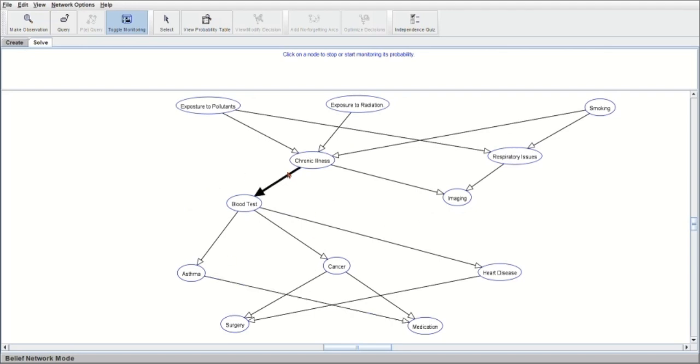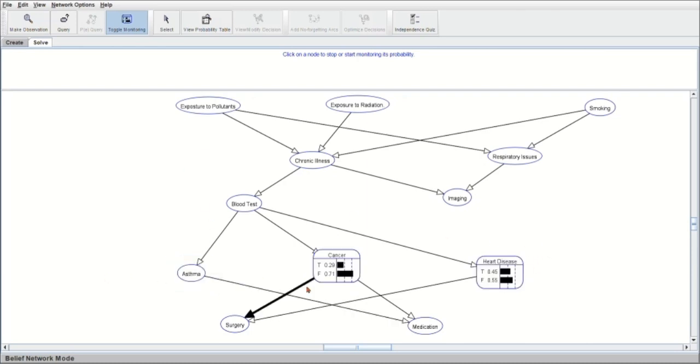Now, in the third and fourth level, we see that the results of the blood test may determine the disease which someone is having, which might be asthma, cancer, or heart disease. Now, what is the probability that it is asthma? It is a 50-50 probability of having asthma. For cancer, it is 29% probability, and for heart disease, it is 0.45 probability.